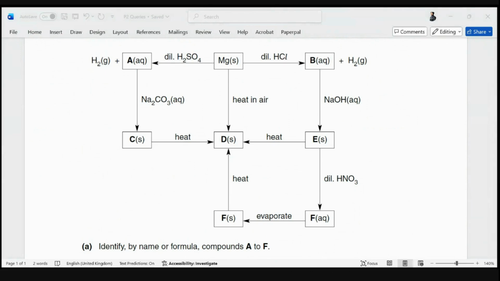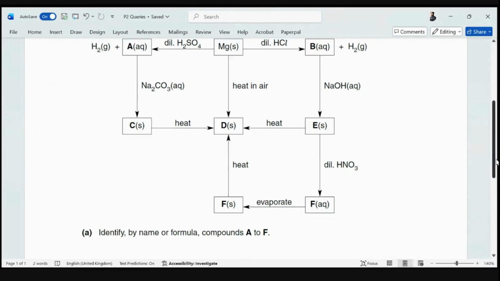So we'll try to name and write the formula as well. The question does not ask for both, but I will write both so that if you need either, you can use it.